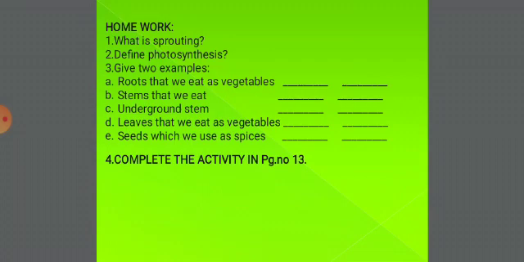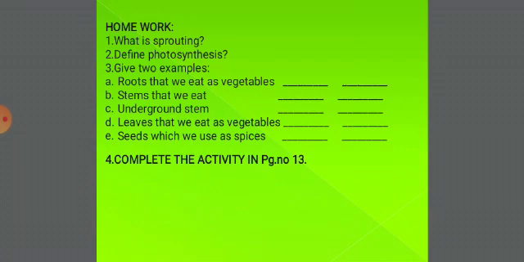Leave it as it is for one day. Next day you open and see those soaked seeds, they have started germinating, that is called sprouting. Okay, you can observe that a thin tiny white thread-like structure is coming out of the seeds. This is called sprouting.